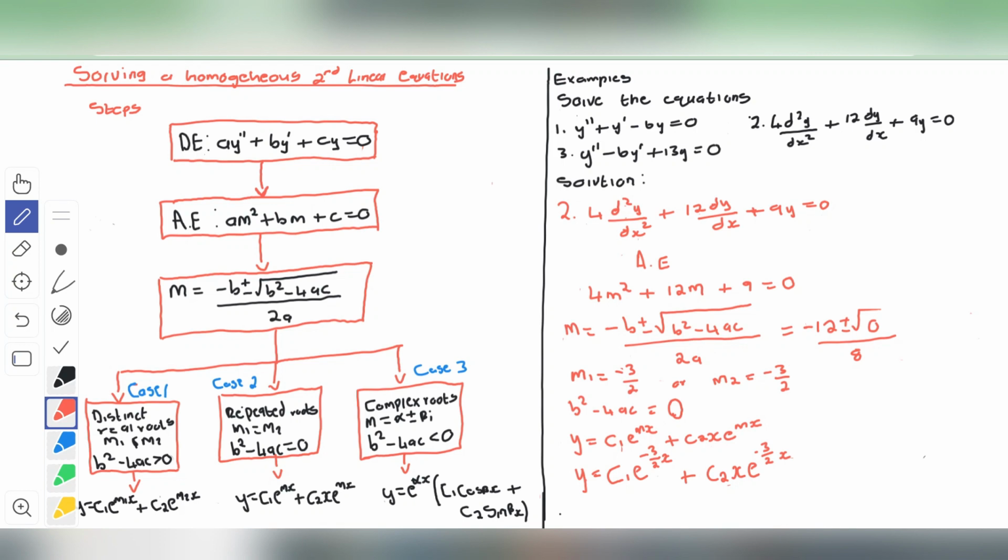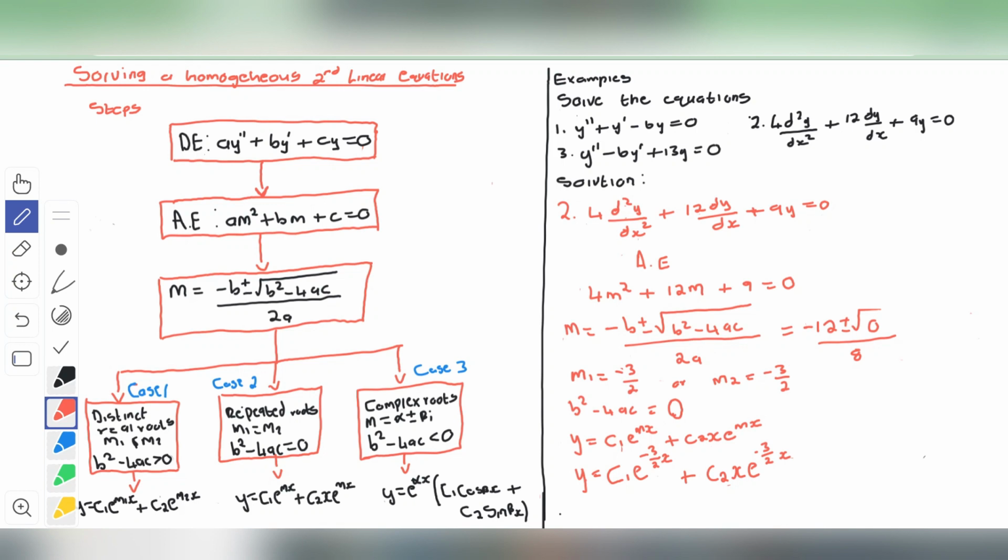So you can see that, guys, if you have these steps which I wrote here, you have everything that you need. We saw that for case 1, b squared minus 4ac was greater than 0. That's why we used this formula, right? And now we can see that from case 2, m1 is equal to m2, so we are allowed to use the formula of case 2.